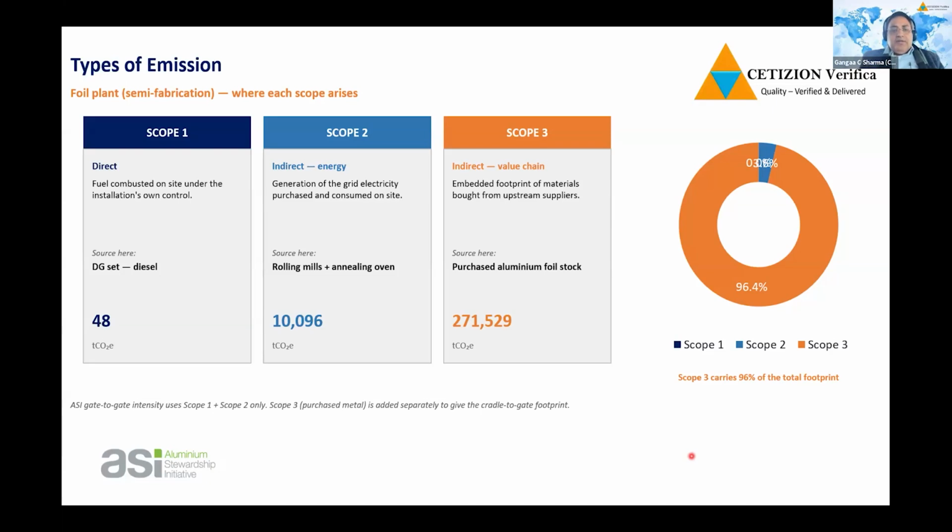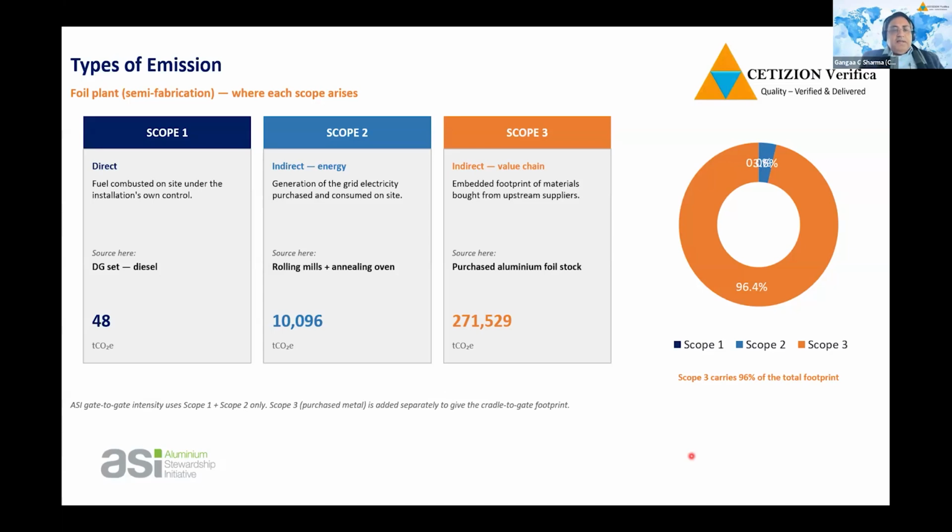When we say energy, the rolling mill is quite energy intensive equipment, running 24 by 7. Then the annealing furnaces also consume a lot of electricity, or if it is gas, it would go to scope 1, and if it is electric fired, it comes to scope 2. The rolling mill and annealing are quite significant in a foil mill, at around 10,096. These are the numbers based on a foil mill making around 1,000 tons per month, or around 12,000 tons per annum of foil production.